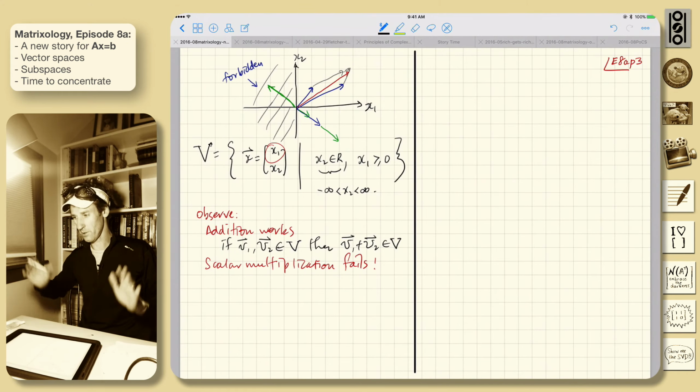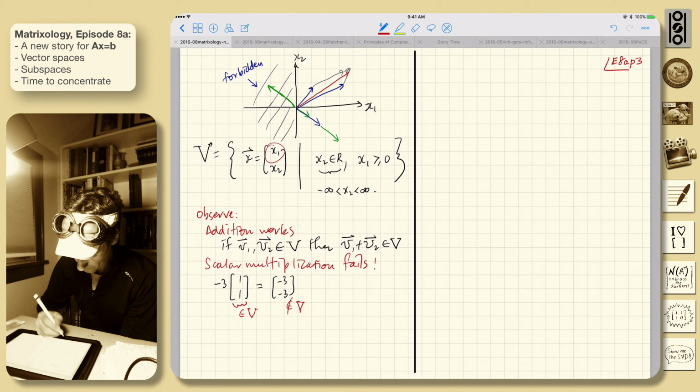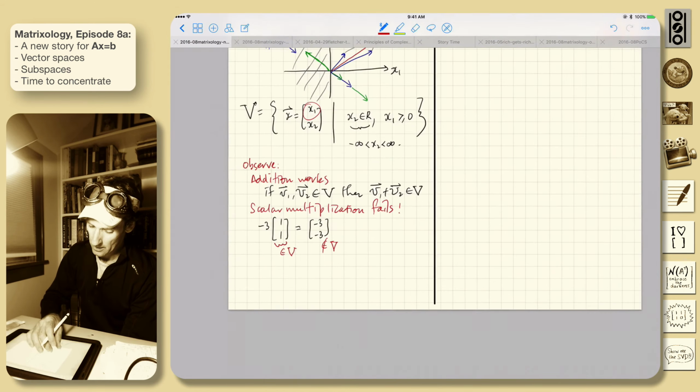This one is in V. This is not in V. That's a sad little thing. It's not in V. So that's no good. Neither is what I just wrote. And this is the problem. We can make a negative number.